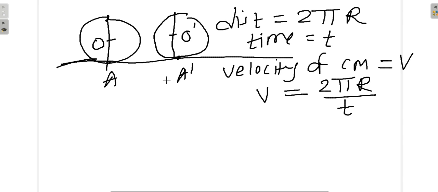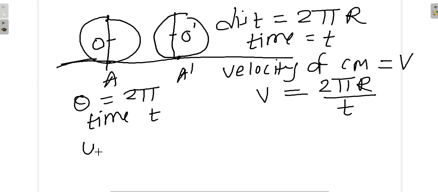Now let us consider the angular aspect. In one complete rotation, the angle covered is 2 pi. Obviously in the same time t. So what is the angular velocity omega? It is the angular displacement upon time. Now look at these two equations.